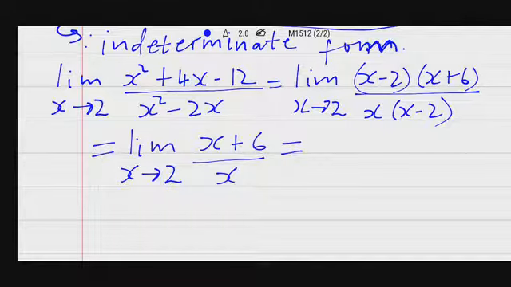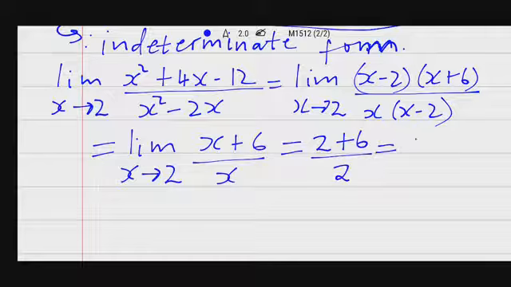There's no problem, we can plug in 2, so we have 2 plus 6 in the numerator and 2 in the denominator, and we end up with 8 divided by 2, which is nothing but 4. Beautiful. This is one of the examples where you meet 0 over 0, and you need to do a little bit of work before you can get to the answer.